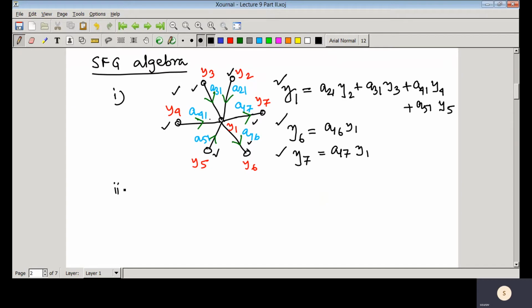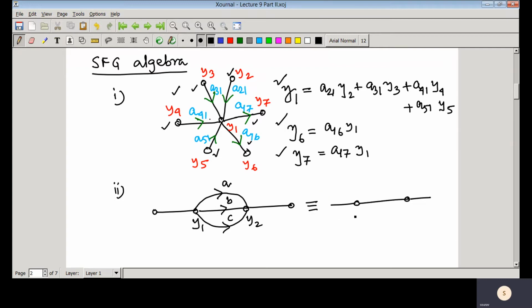So now the second one is, if you have a signal flow graph like this, so in between two nodes, if you have multiple branches, suppose you have three branches A, B and C. So this can be represented as, this is Y1, this is Y2, and here that would be A plus B plus C, which is straightforward.